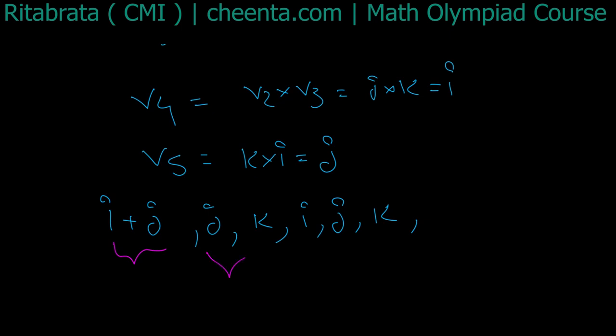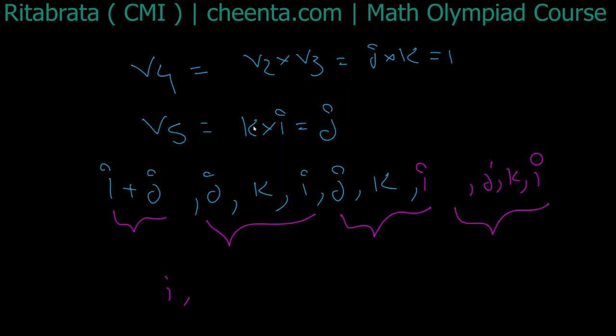So it repeats as J, K, I, J, K, I, in this form. After I plus J, this 3-part repeats as 3 cycles. So I have exactly 4 distinct terms: I plus J, J, K and I.